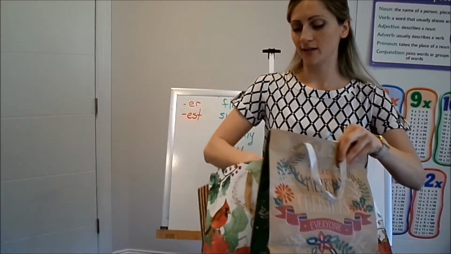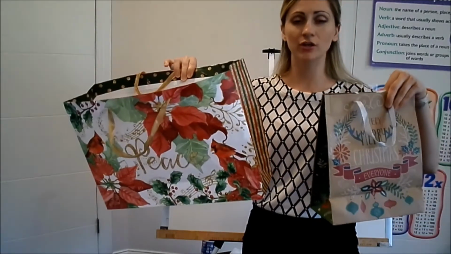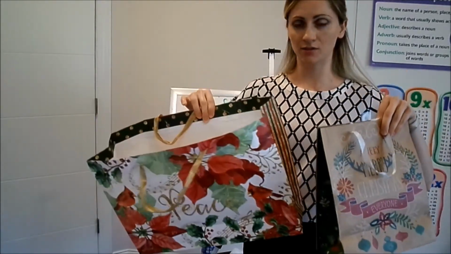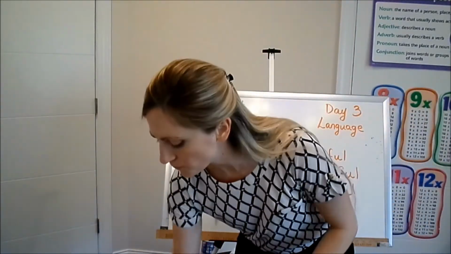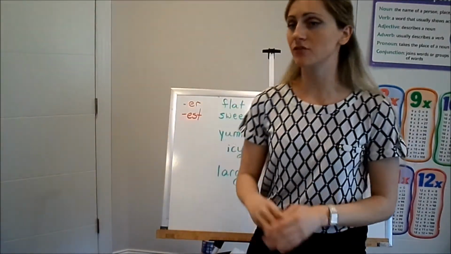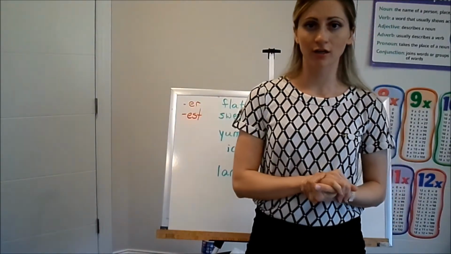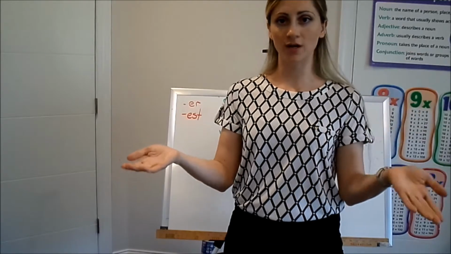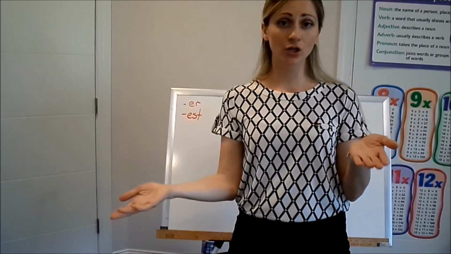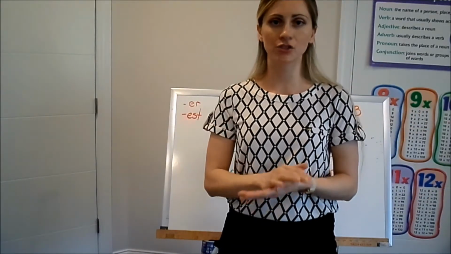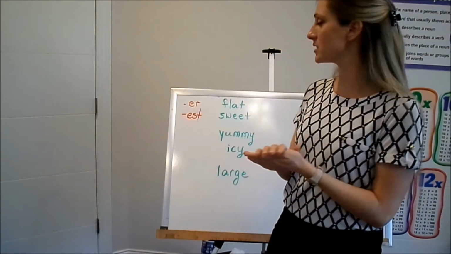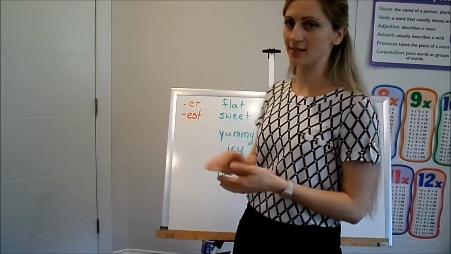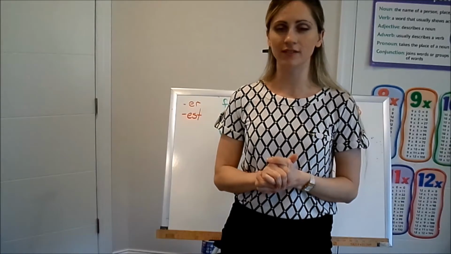You would add ER when you're comparing 2 nouns. And you would use an adjective with the suffix er to compare which one is bigger or smaller or taller or so on. What's the difference between using er and est?